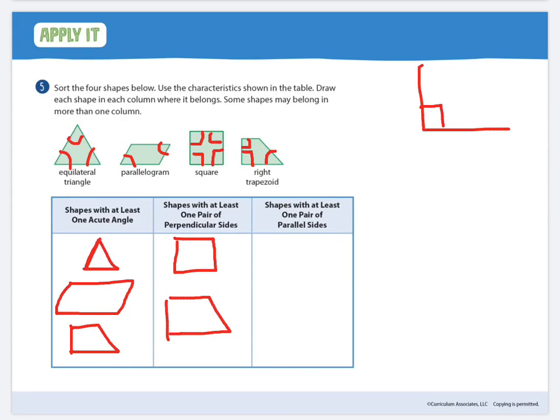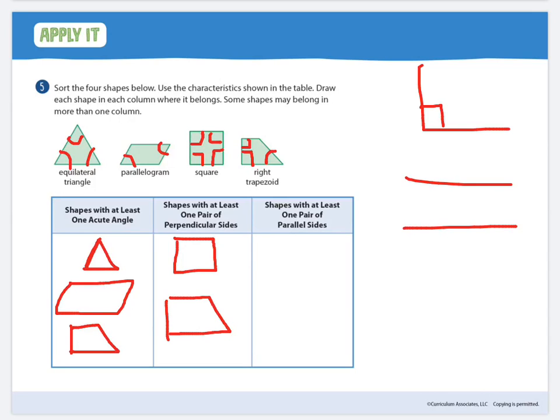Finally, the last column is asking us to draw shapes with at least one pair of parallel sides. Remember, parallel sides are two sides that run in the same direction and never cross. So our equilateral triangle does not have any parallel sides because all of the sides eventually meet and cross.